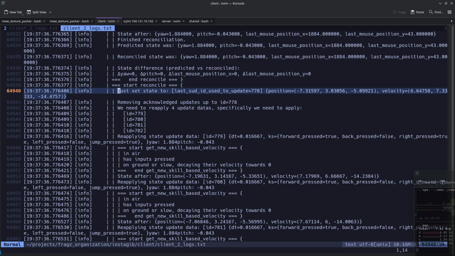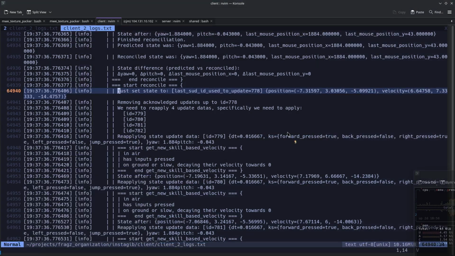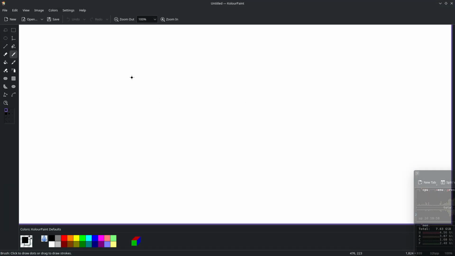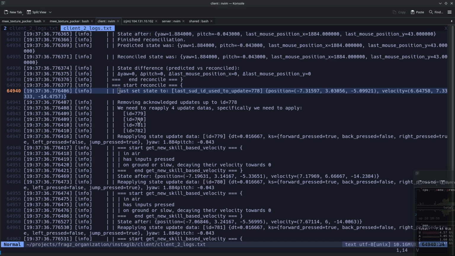So I guess maybe I'll use paint again, but I won't go too in depth. I'm just going to paint the whole thing black and then use white on this. Okay, so what's going on here?